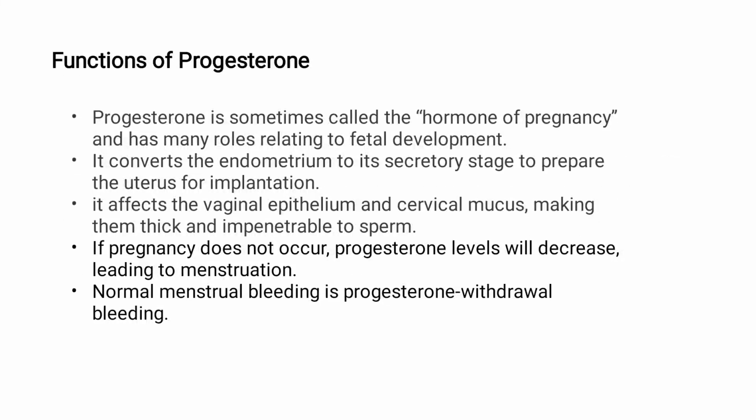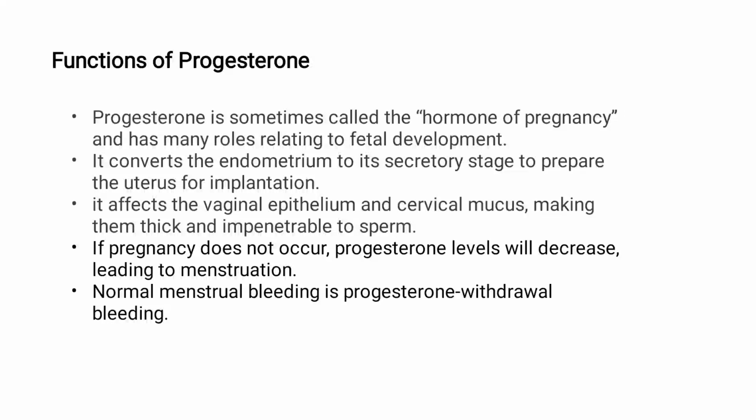Coming to the functions of progesterone, progesterone is sometimes called the hormone of pregnancy and has many roles relating to fetal development. It converts the endometrium to its secretory stage to prepare the uterus for implantation. After fertilization, there will be formation of the blastocyst.